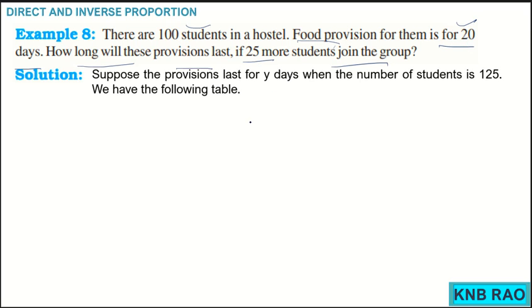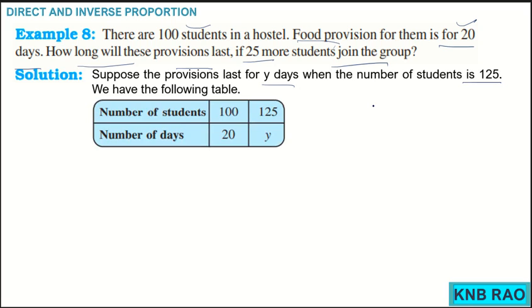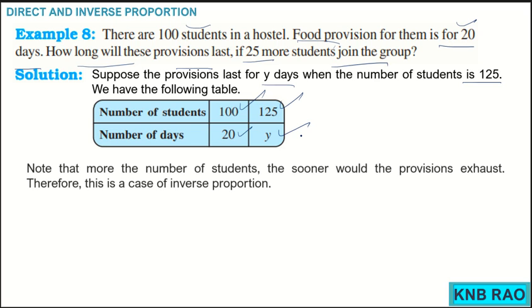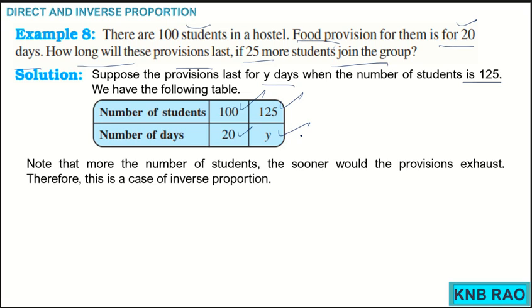Suppose the provisions last for y days when the number of students is 125, and we have the following table. For 100 members, 20 days. For 125 members, less than 20, let that be y days. Note that the more the number of students, the sooner the provisions exhaust. Therefore this case is of inverse proportion.